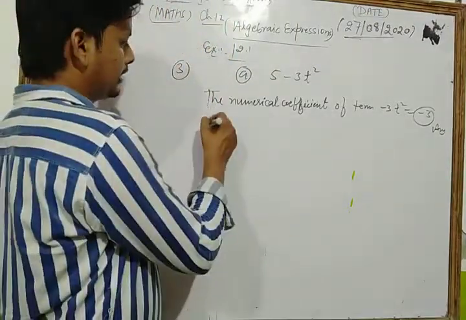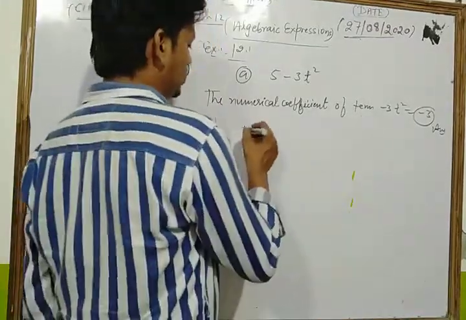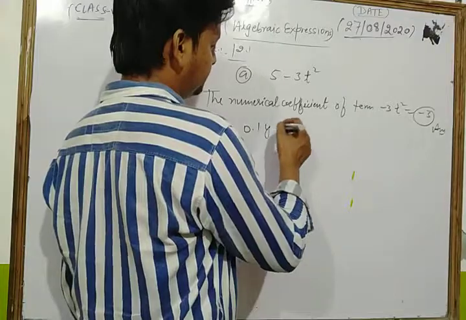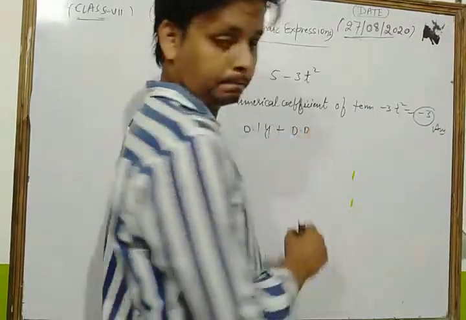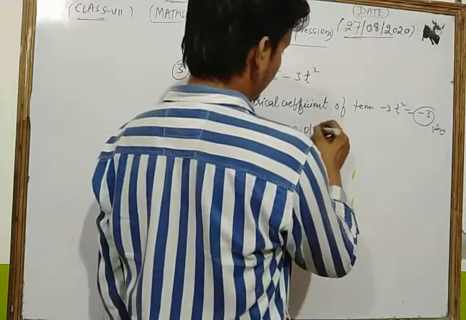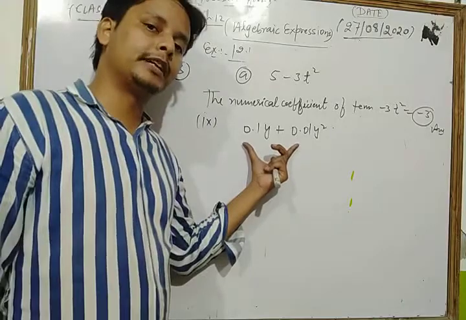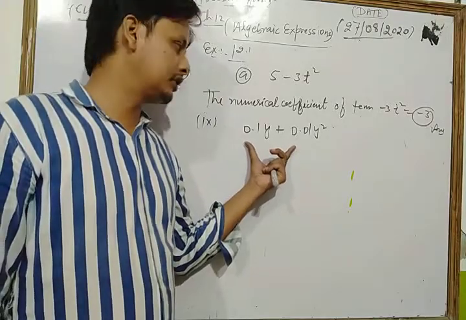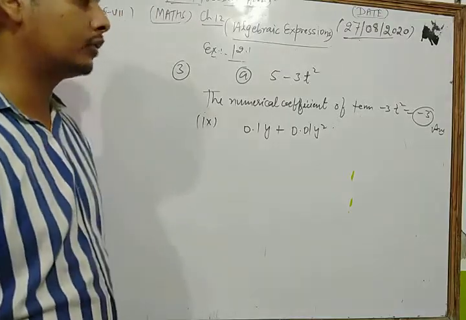We take the last part of this question, that is the ninth, which is given as 0.1y plus 0.01y square. This algebraic expression contains two terms, so it is said to be binomial, and we have to find the numerical coefficient of the terms.